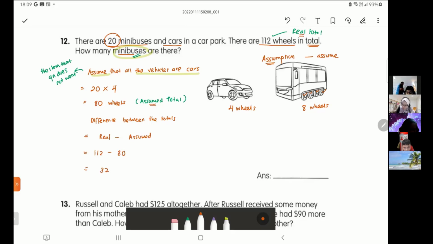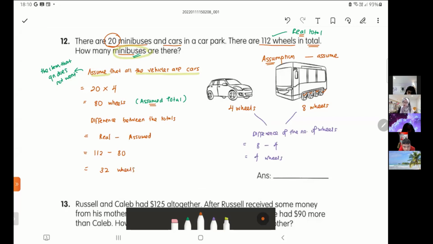Now we are going to find the difference between the wheels. Difference of the number of wheels equals 8 minus 4. I get 4 wheels difference. Just now, these are all wheels.